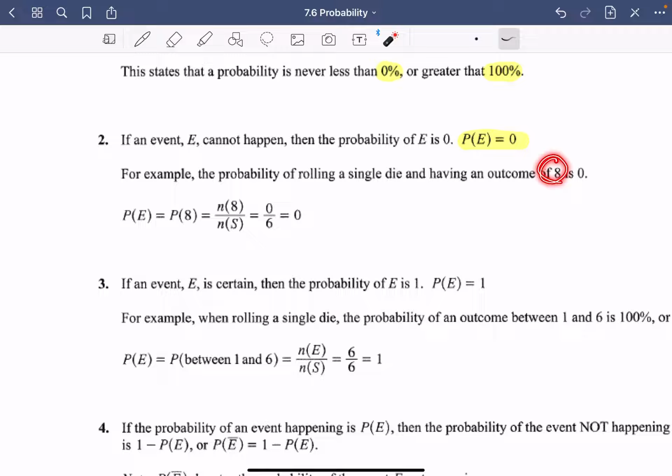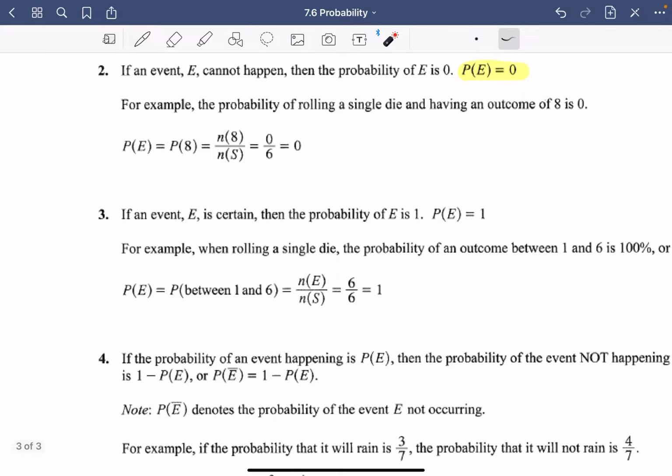Well, 8 is not a face of your die, so the chance of getting an 8 is 0, right? Because you're never going to get an 8. The number of favorable outcomes is 0, and the sample space is 6. So 0 divided by 6 is still 0.